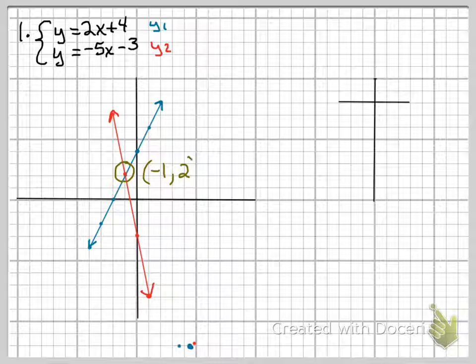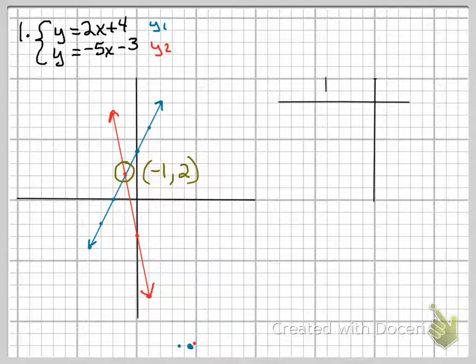Now, when I put those two equations into the graphing calculator, I want to solve it with a table. So my y1 is 2x plus 4. My y2, negative 5x minus 3.